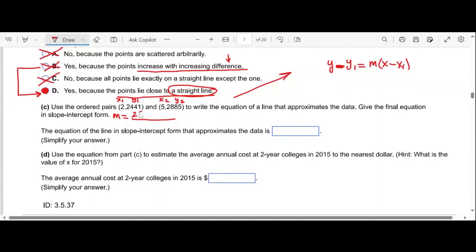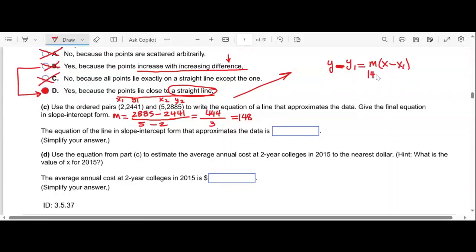So we'll say y2 minus y1 over x2 minus x1. If you subtract, that gives you 444. And 5 take away 2 is 3. So m is 148.